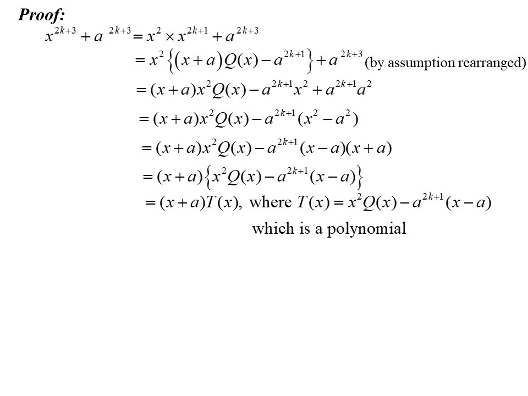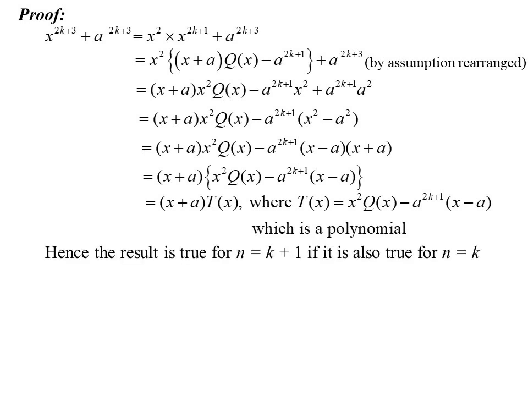Let's have a look at our powers. Well, 2k plus 1, remember we defined k to be a positive number, so 2k plus 1 must be a positive number as well, because if you double it and then add 1, you're not going negative, it's going to stay positive. So that is a polynomial.